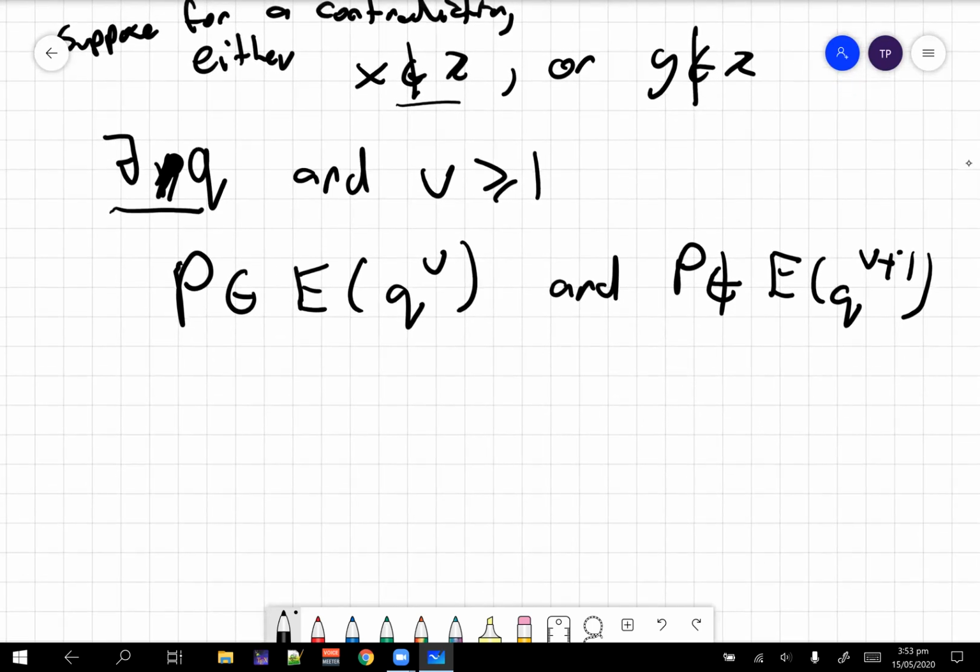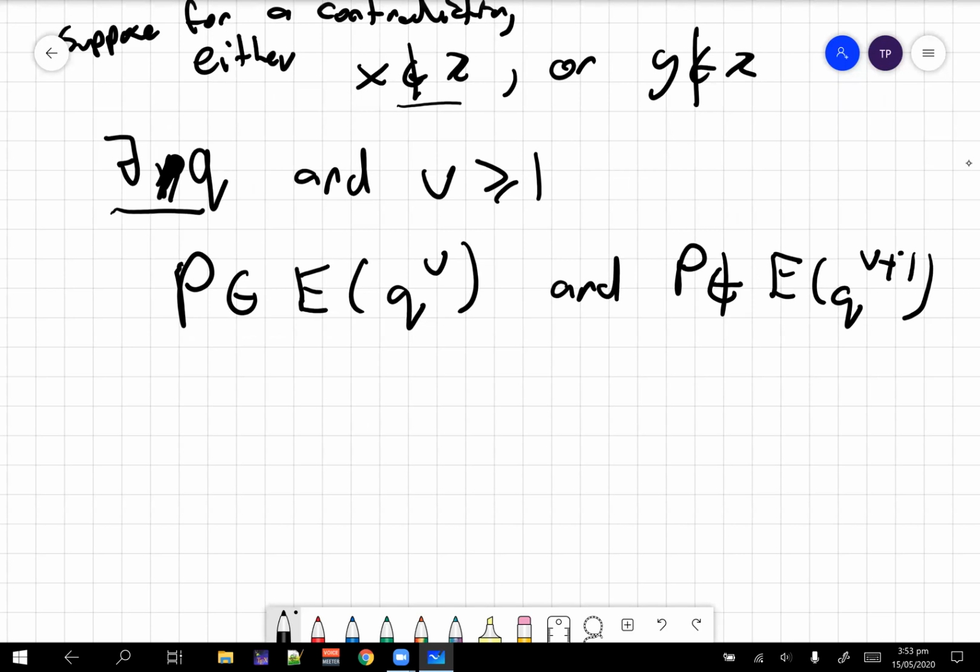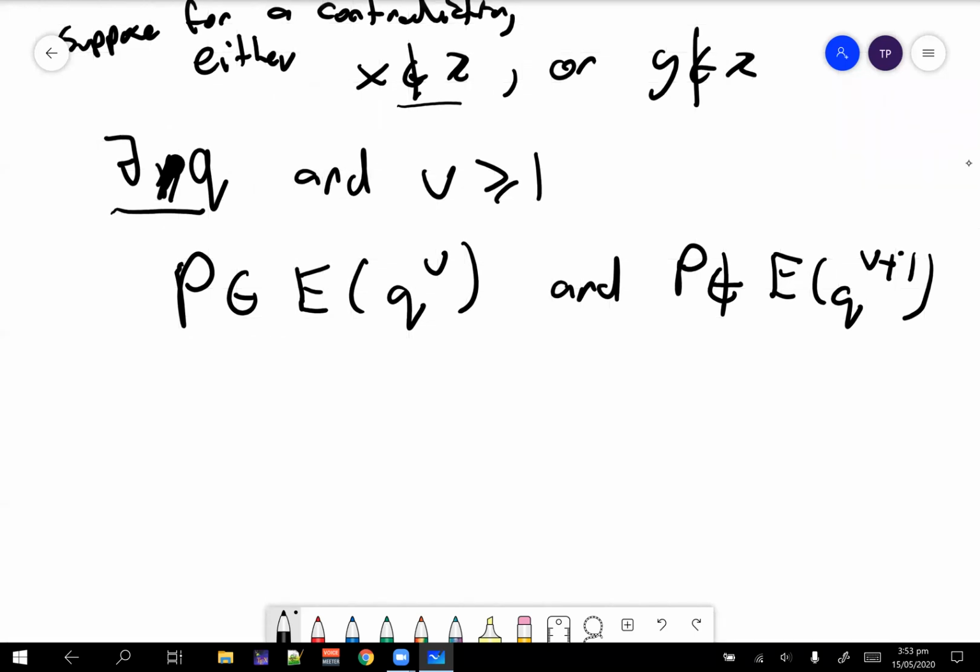And also, it's quite easy to see that we get an inclusion, so this thing is contained inside the thing.